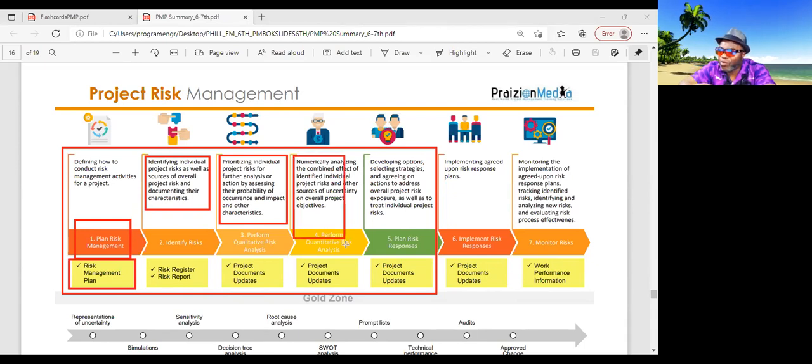But when you get into quantitative, now we're talking about dollars. In fact, most of PMI's questions is about the monetary aspect, right? So dollars. You could also look at resource hours, but it's typically not about that. Most times PMI would just go into the talk about dollars, whatever the currency is.